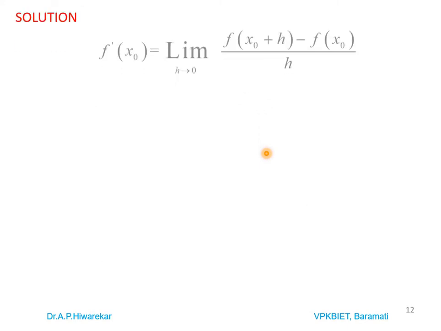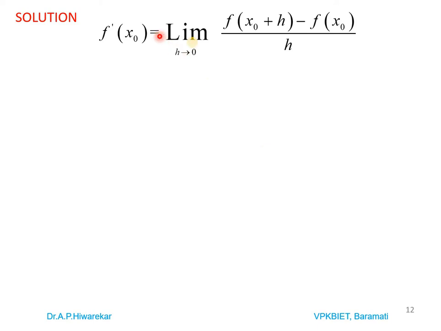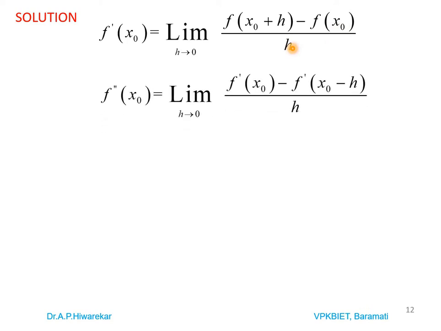So we know the derivative of a function is f dash of x0, which is the limit of f of x0 plus h minus f of x0 divided by h as h tends to 0. So for the second derivative, if you apply this formula again, either you can write f of x0 plus h minus f of x0, or f of x0 minus f of x0 minus h, this way.